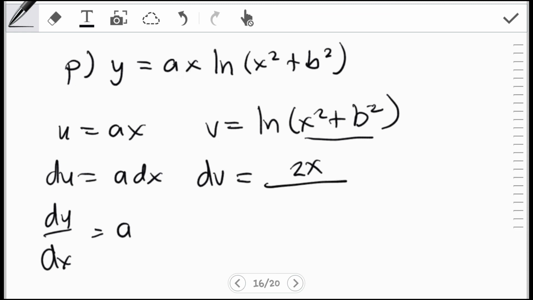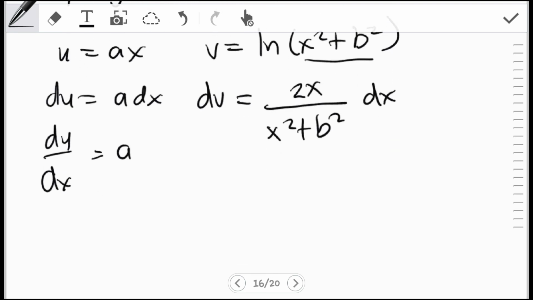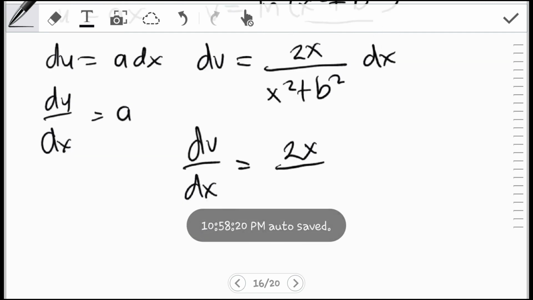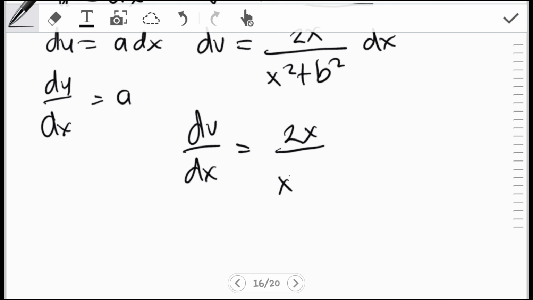Over x squared plus b squared dx. Okay, so where dv over dx is equals to 2x over x squared plus b squared.